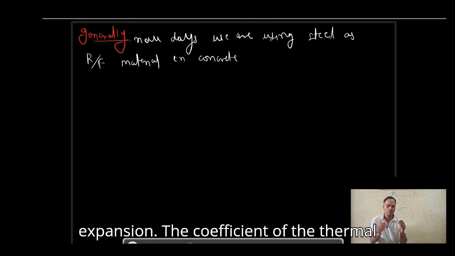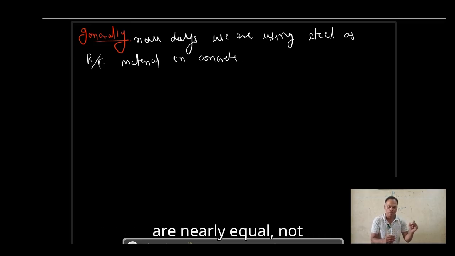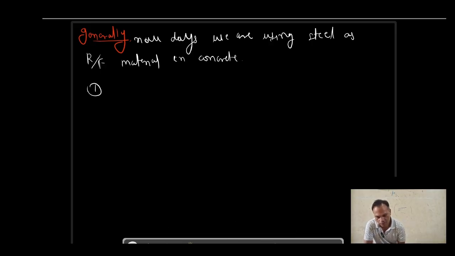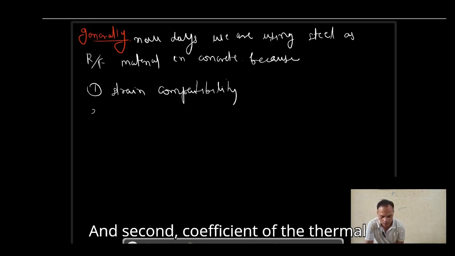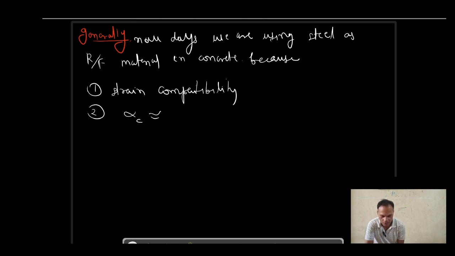The coefficient of thermal expansion of the steel and the concrete are nearly equal, not exactly, nearly equal. So the reasons are, first, strain compatibility, and second, the coefficient of thermal expansion of the concrete is nearly equal to that of the steel.